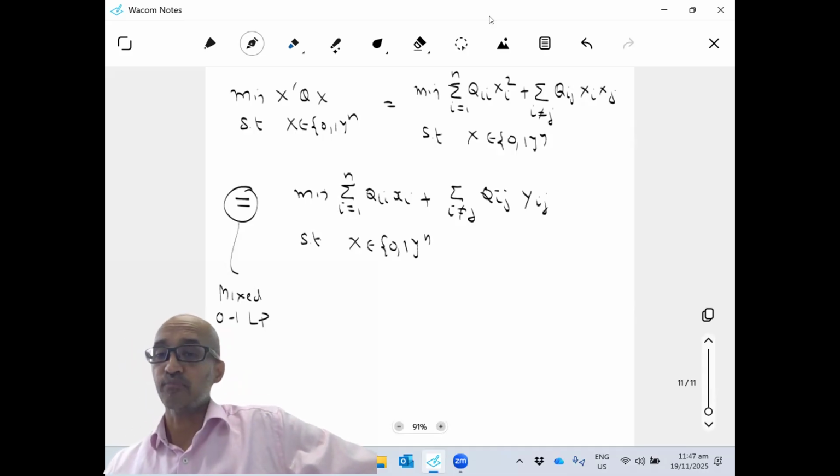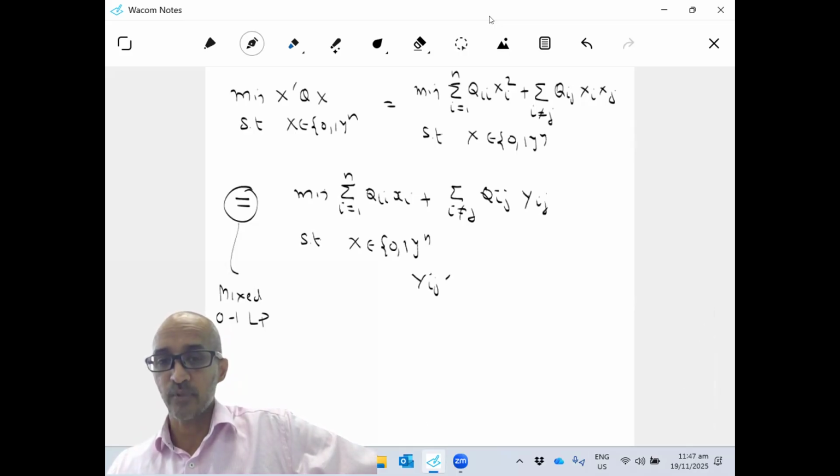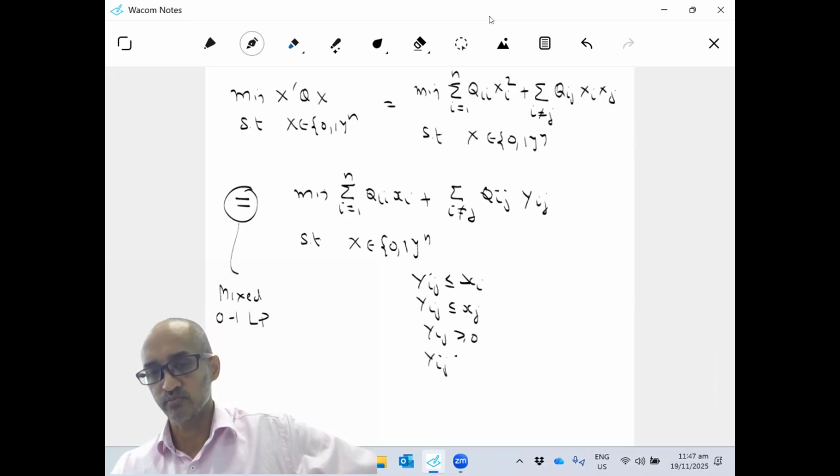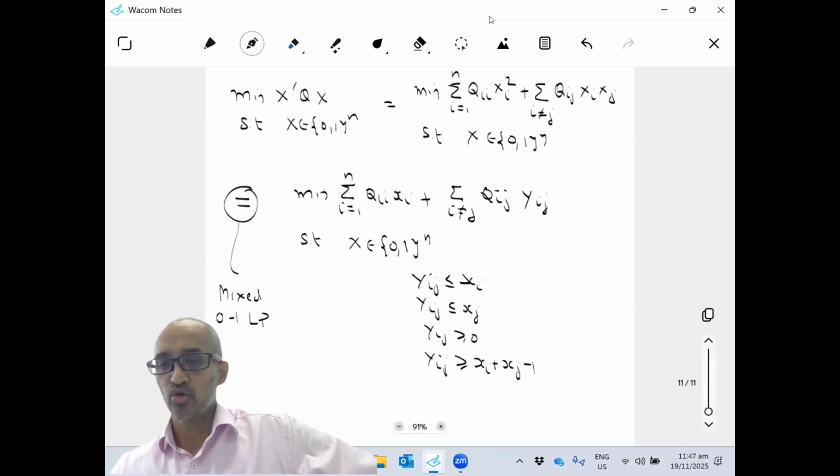You add in new variables and you ensure yij is less than equal to xi, yij is less than equal to xj, yij greater than equal to 0, and yij greater than equal to xi plus xj minus 1. You do this for every i not equal to j.